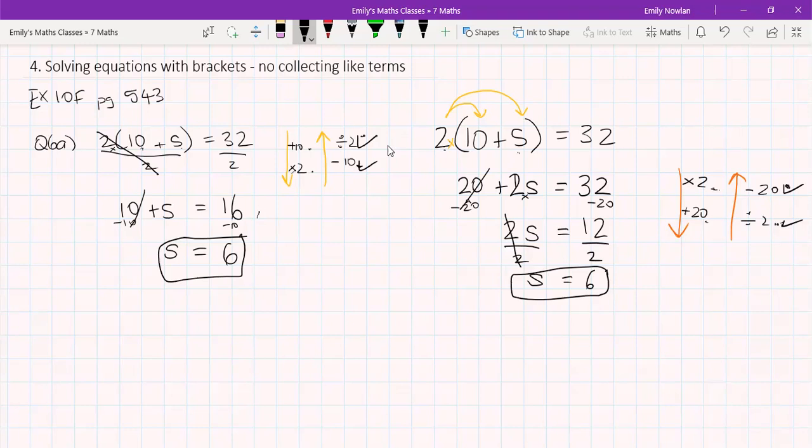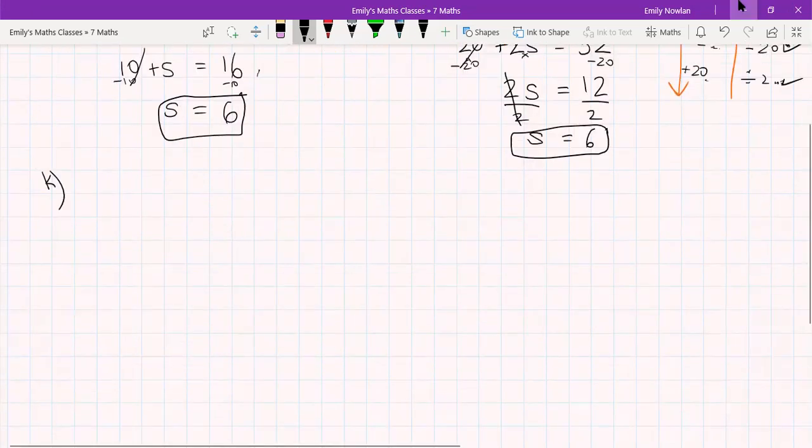But let's just do one more like this. This is out of question 6 of the textbook. Let's do question K. Now, again, a lot of these you can probably see the answer straight away, but this is about learning the process so that when it gets more difficult and you can't see the answer straight away, you know how to do it.